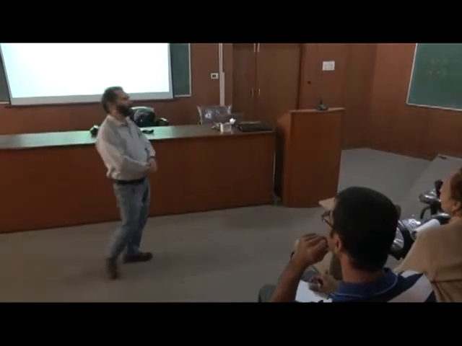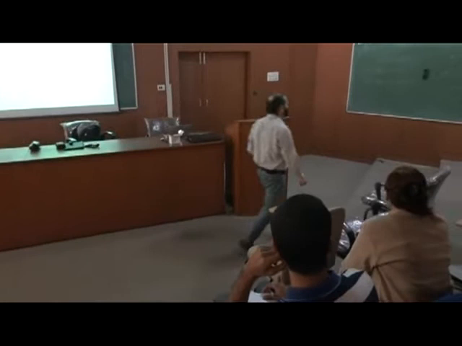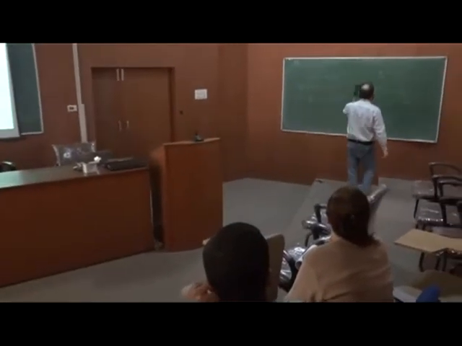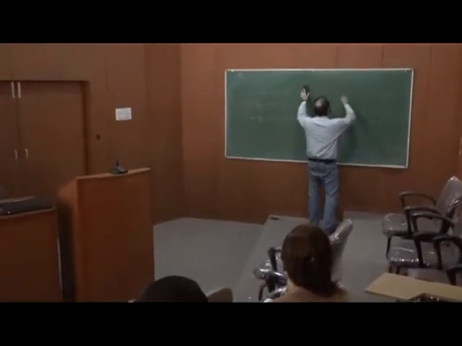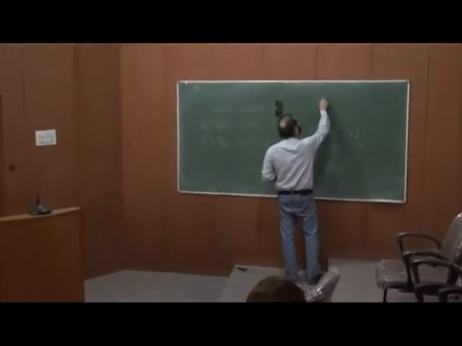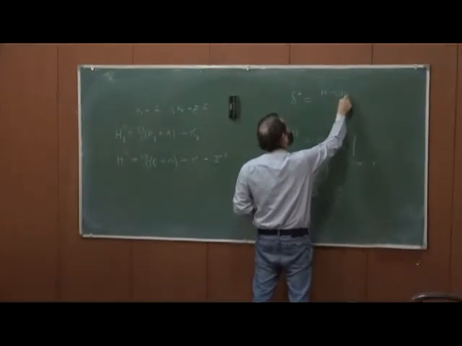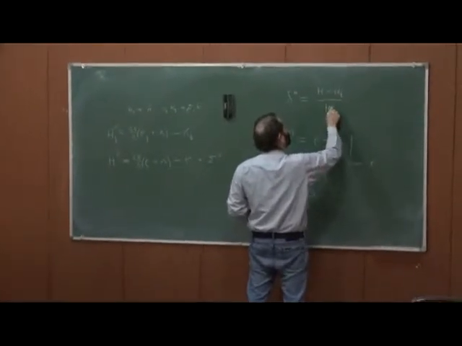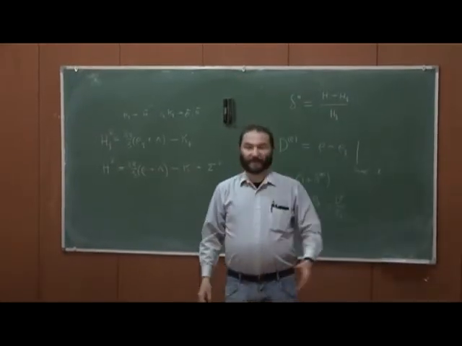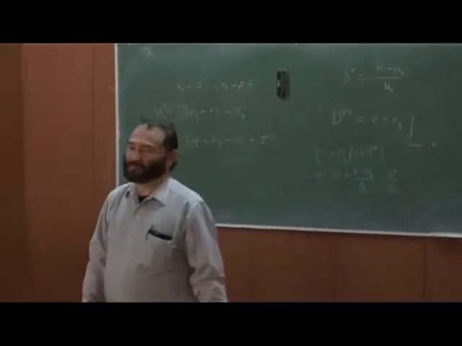But if I write something like this, this thing can go bad, can blow up and behave very badly if HQ goes to 0, right? So in which circumstances would HQ go to 0?